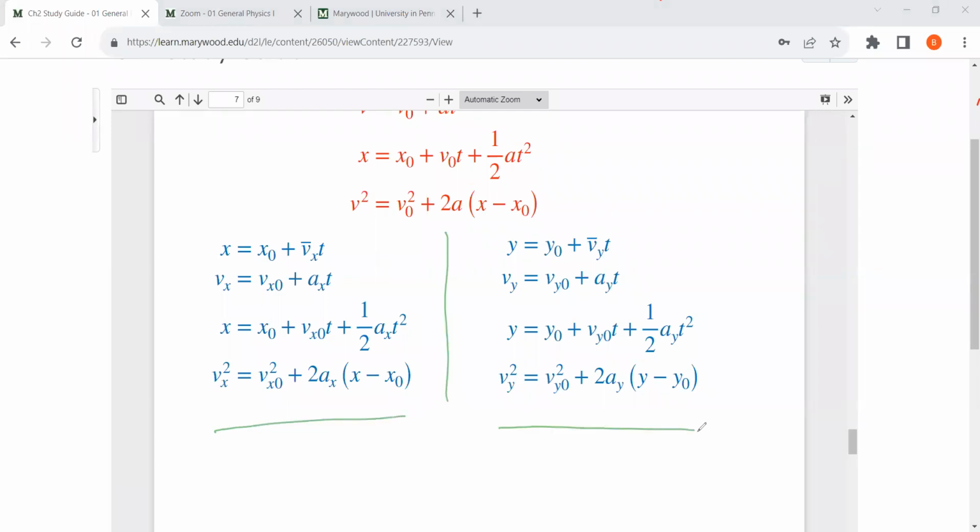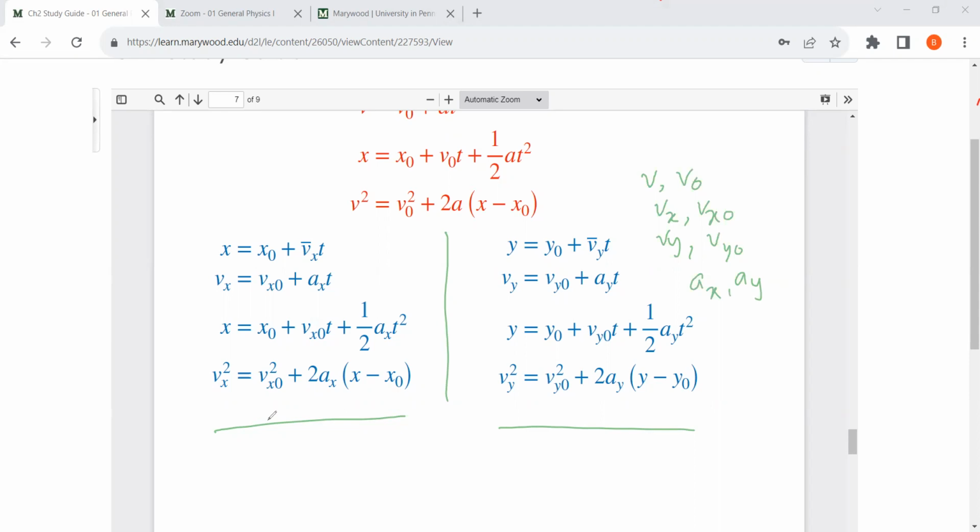It is basically the same thing, but because now we have both x and y, instead of just writing v or v0, I wrote vx, vx0, and vy, vy0, also ax and ay, to differentiate the equations along the x-axis and the equations along the y-axis.